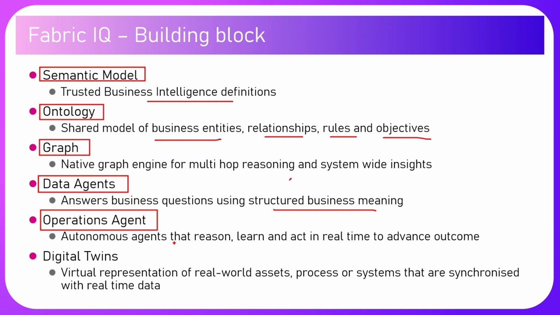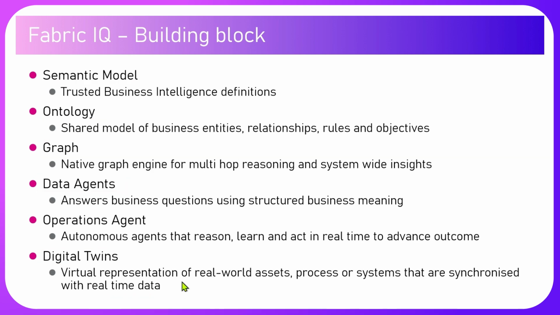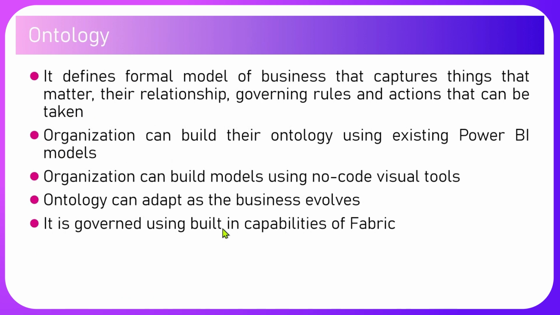Operations agents are autonomous agents that reason, learn, and act in real time to advance outcomes, so they operate independently. Then we have a digital twin. A digital twin is a virtual representation of real-world assets, processes, or systems that are synchronized with real-time data.